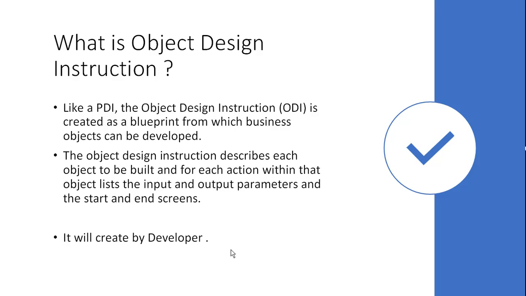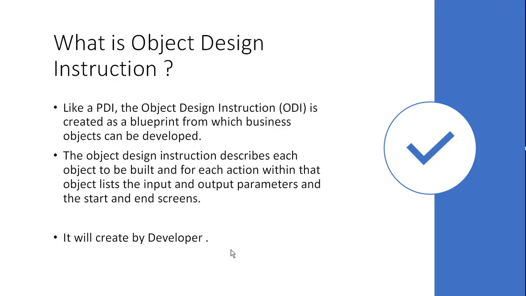Like a PDI, the object design instruction is created as a blueprint from which business objects can be developed: how the business objects, business attributes, business elements will look like. The object design instruction describes each object to be built and, for each action within that object, lists the input and output parameters and the start and end screen. It is created by the developer who is developing the process.